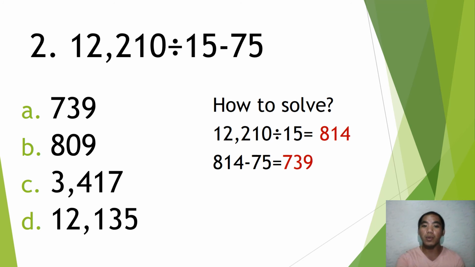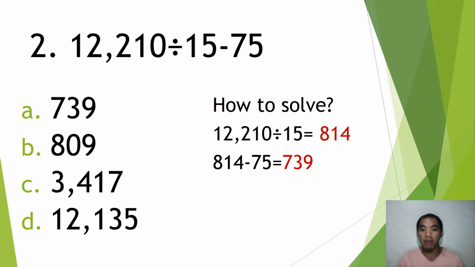Since we have two basic operations that we need to use, which are division and subtraction, first we're going to apply MDAS, wherein we do first multiplication and then division and then addition and the last one is subtraction.